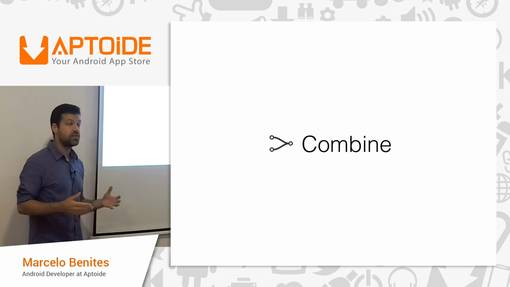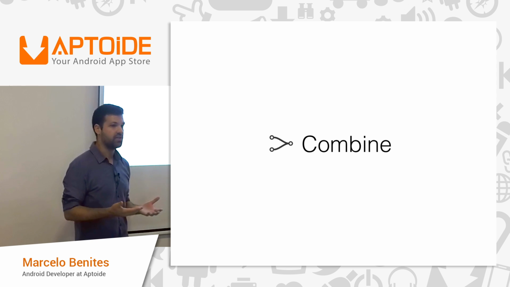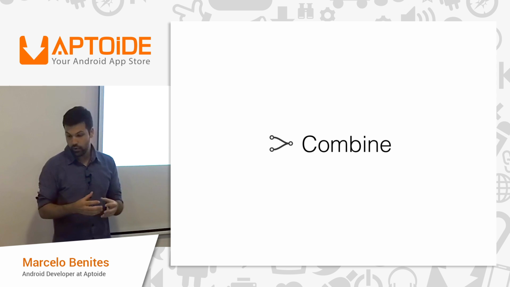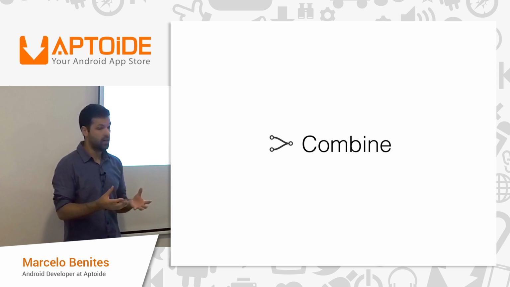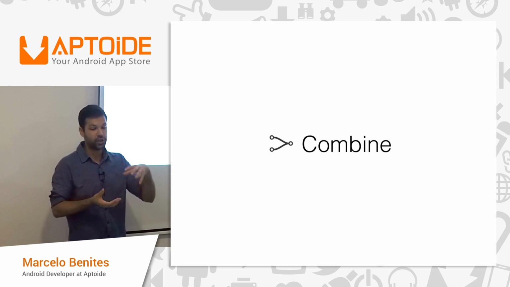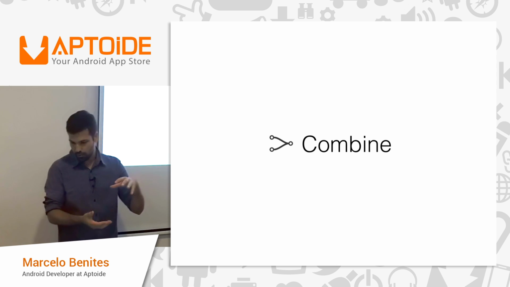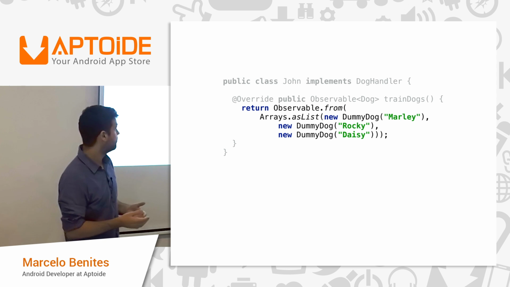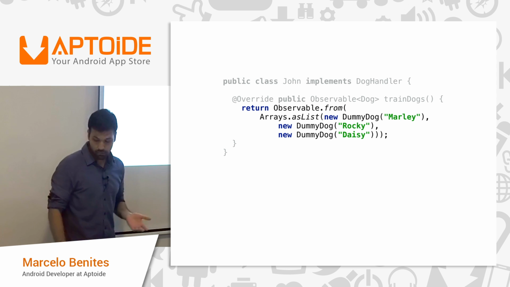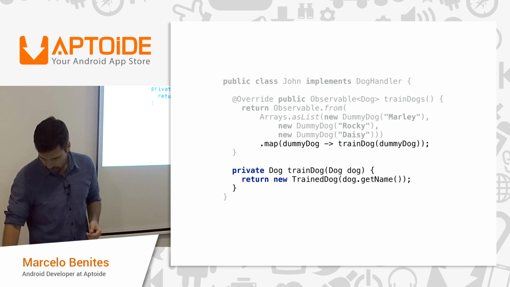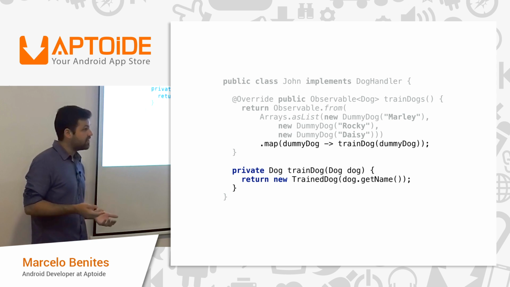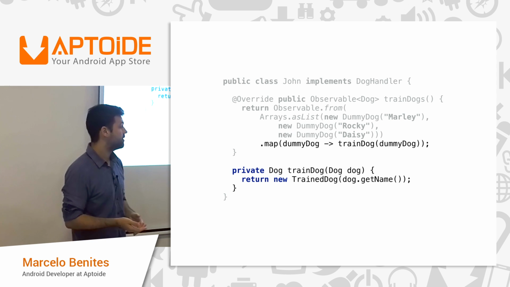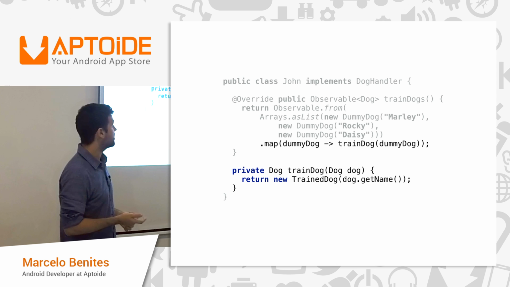Okay, now is when things start to get interesting, when we are able to combine those observables and apply different operators, creating a chain of declarative observables. So we'll start by creating a list with our from operator. And now we are going to actually train the dogs, because we were returning only dummy dogs, and now we need trained ones.